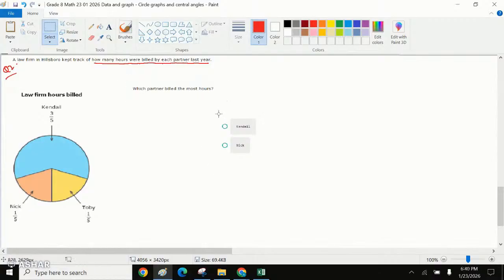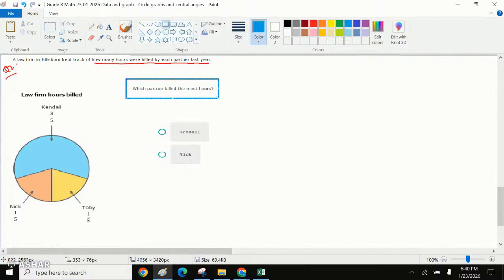Which partner billed the most hours? There were partners, Kendall and Nick. I just told you, right? The greater the area or greater the ratio, the greater would be the value. They're talking about the partner who billed the maximum number of hours.